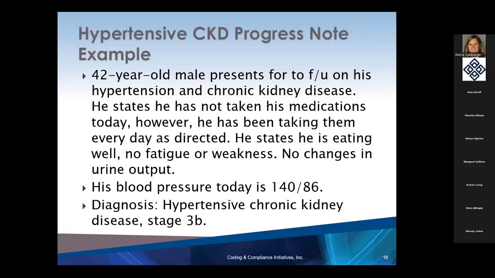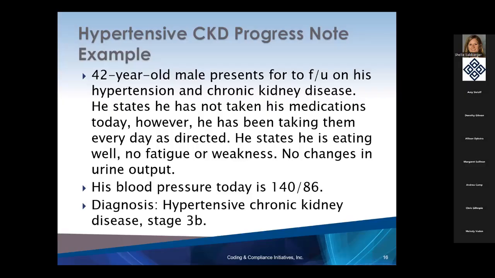Why is that important? It is important because it might impact your E&M coding. Not value-based healthcare in this scenario with the hypertension, because we only have one hypertensive type of code. So we don't have anything to specify if it's at goal or not at goal, but it does help in your E&M coding.